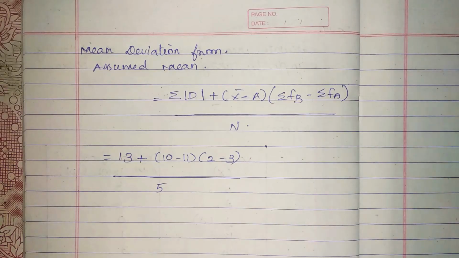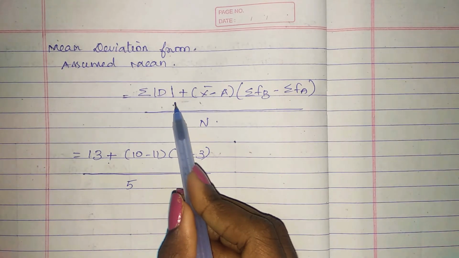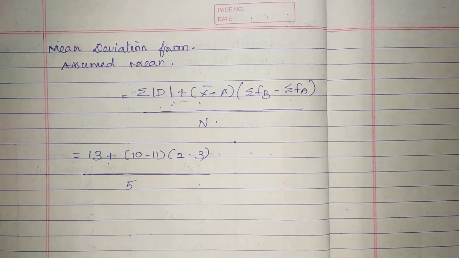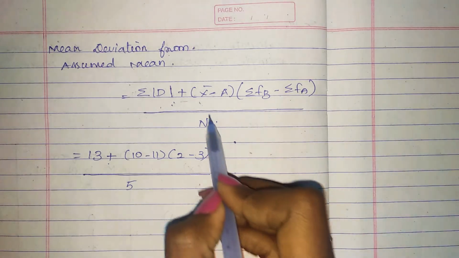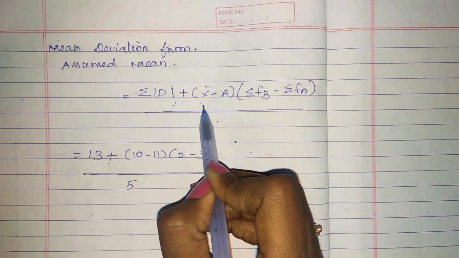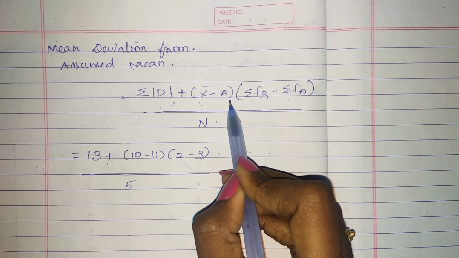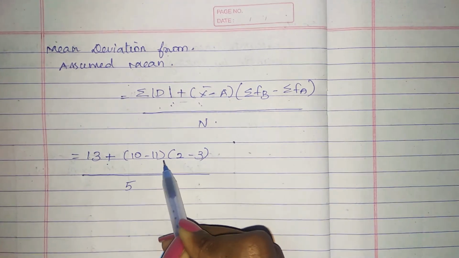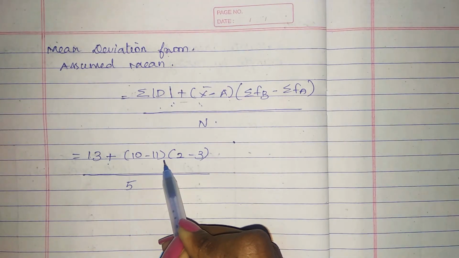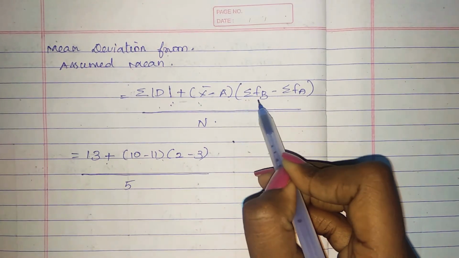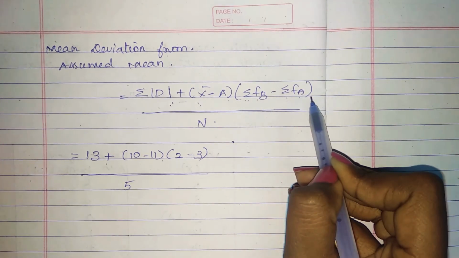Now we apply the values in the main formula. The summation of modulus d value is taken from the solution box we found earlier. The x bar value we have also just found, and the assumed mean number is 11. What are summation fb and summation fa?